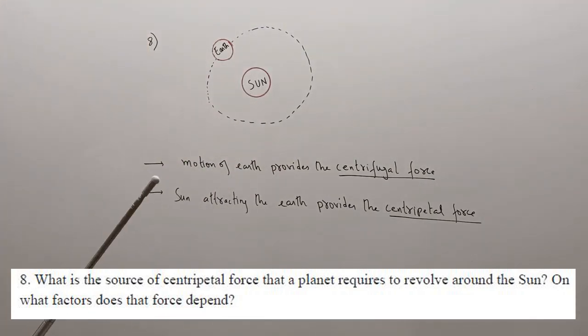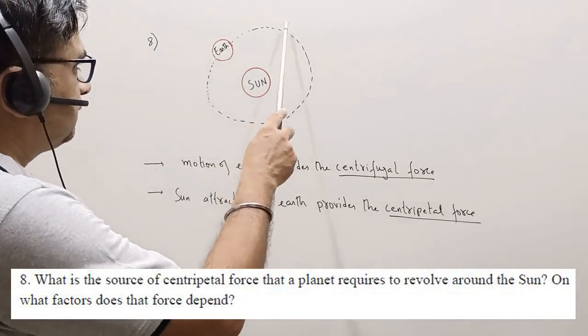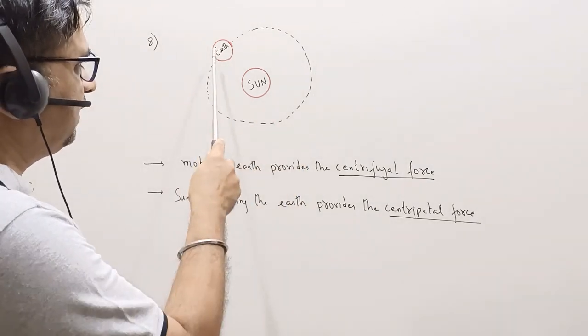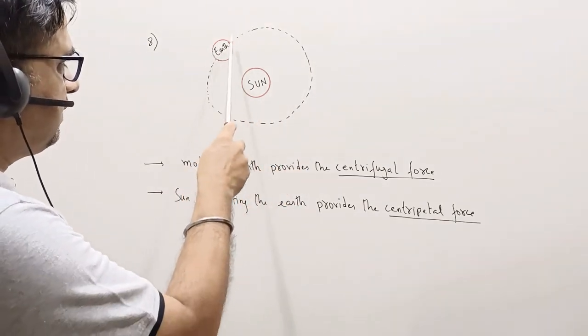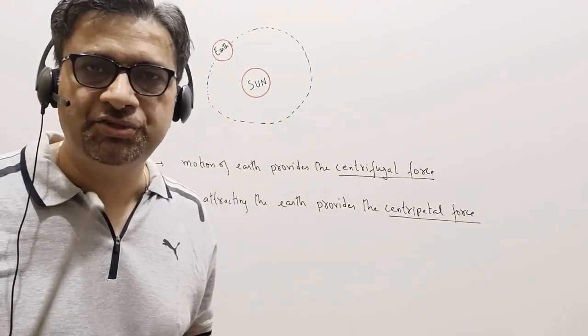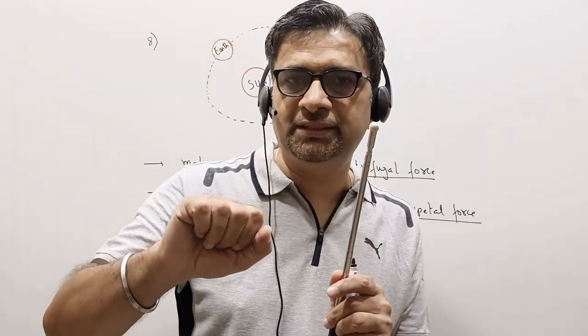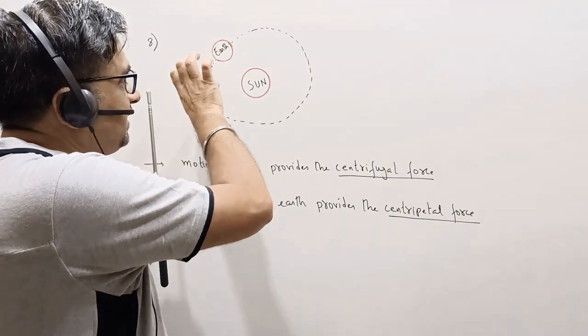The Earth revolving around the sun, or the planet revolving around the sun, this force that comes into the picture to have the motion is called the centrifugal force. Centrifugal force tends to act away from the center. In this case, the center is the sun.